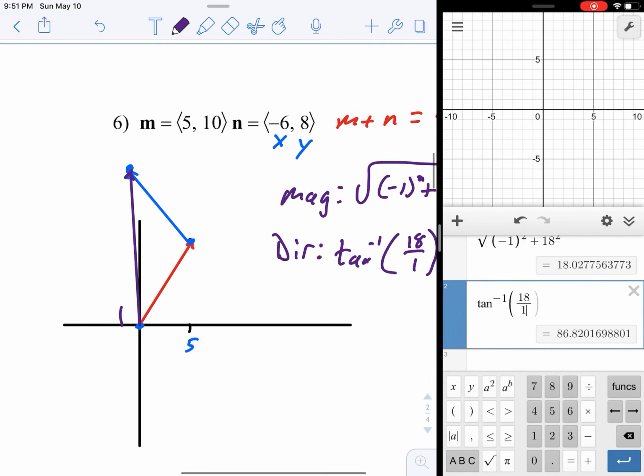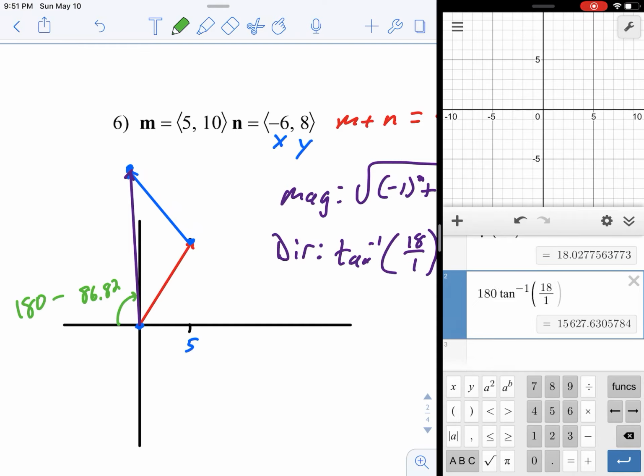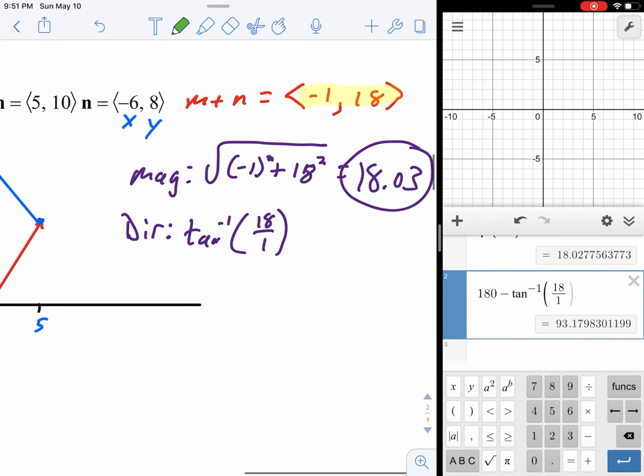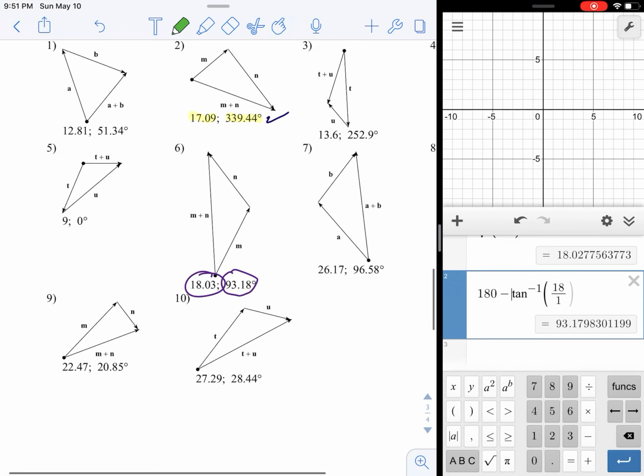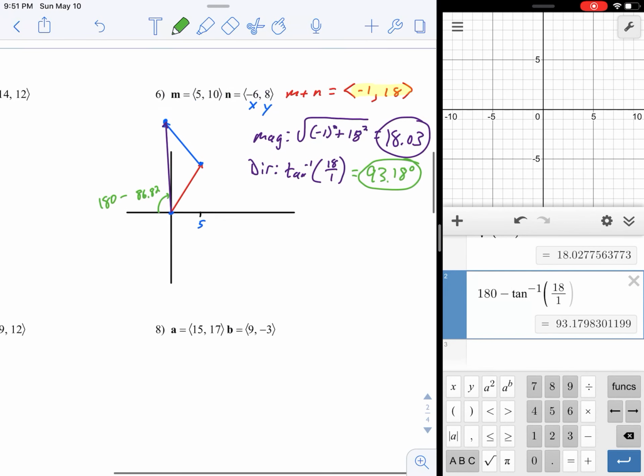So that means that this angle over here, let me pick another color, this angle over here is 86.82. If I subtract that from 180, I get 93.18 degrees. And we checked that ahead of time, but just because I'm sometimes paranoid, yep, there it is, 93.18.